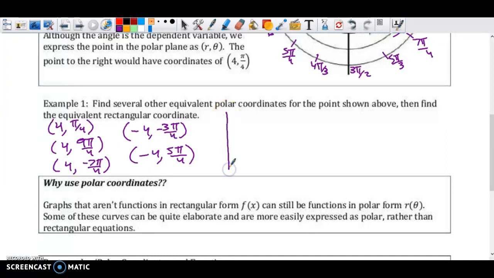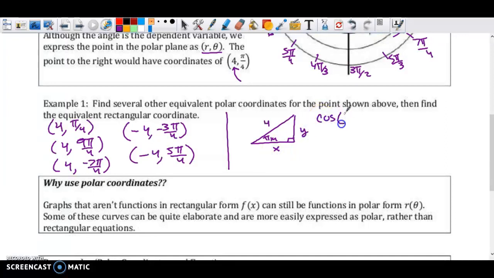We're also going to talk about how this connects to the rectangular coordinate plane, which you're already familiar with. So if I have an angle pi over 4, which is 45 degrees, and my radius is 4, that's what's indicated here. You've got your r and your theta, so the radius is 4. And this is my x, this is my y.